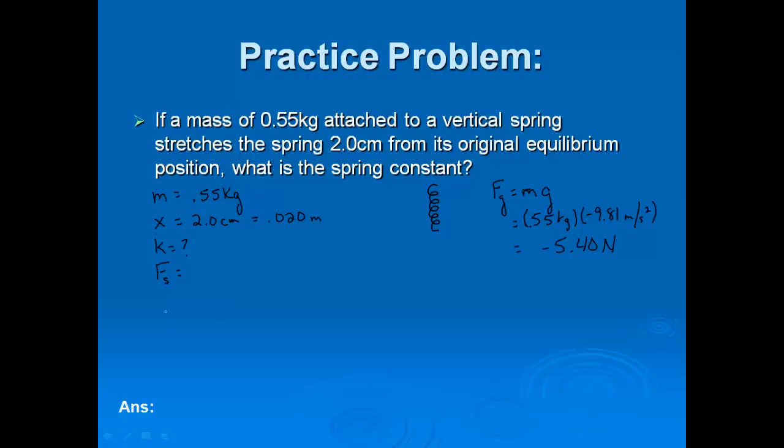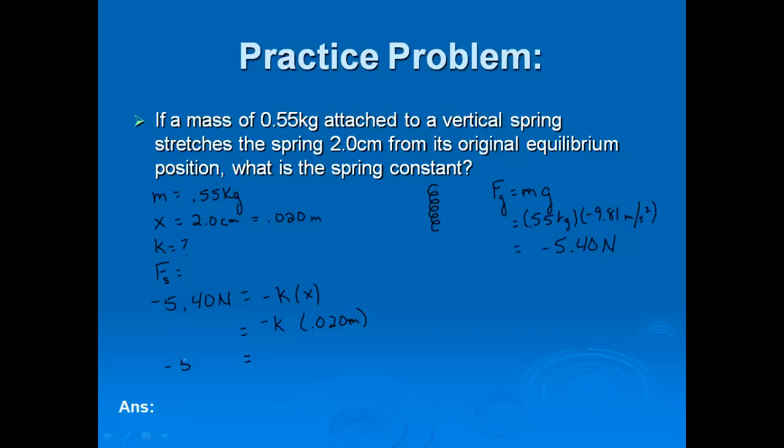Well, I know that that is what is acting here, so we can make those equivalent. So now I have enough that I can start and put that negative 5.40 newtons is equal to the negative spring constant times the distance that it's been stretched, which is my x. So negative k times 0.020 meters.